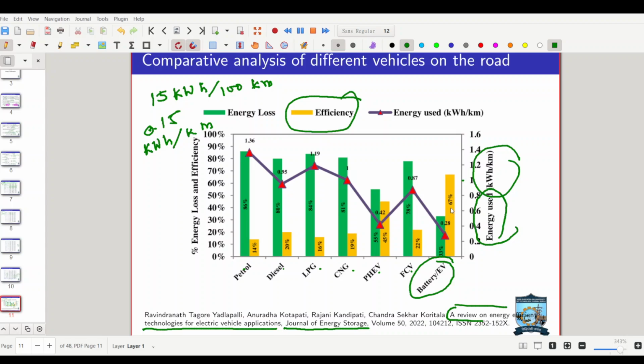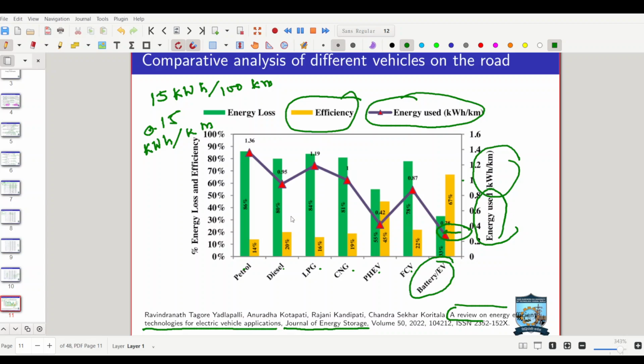I think energy used is this one, kilowatt hour per kilometer, which is around 0.3 it's saying. It might be the theoretical one, not on road, that's why it's very high.